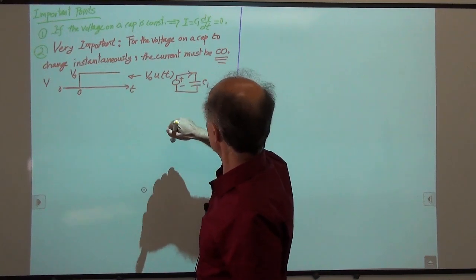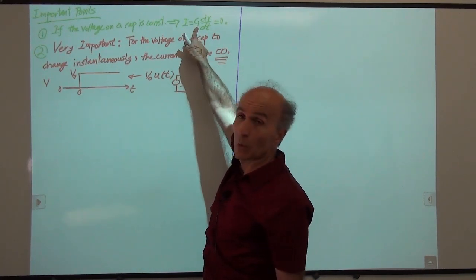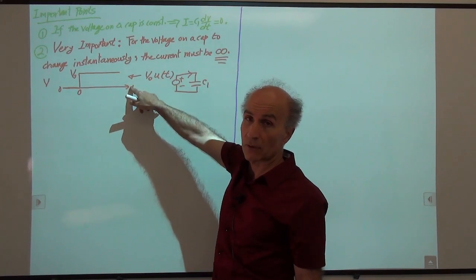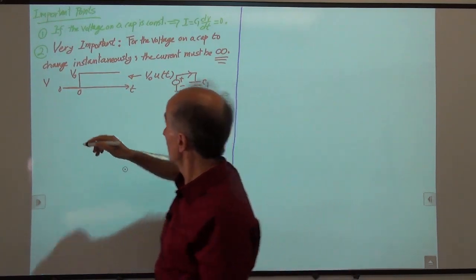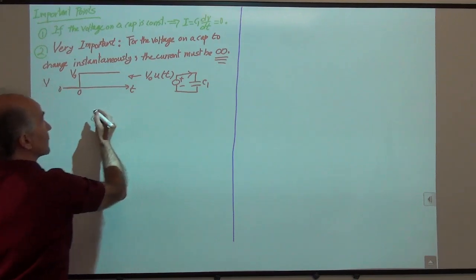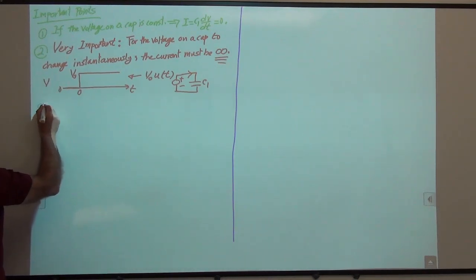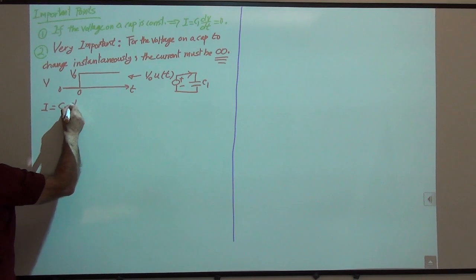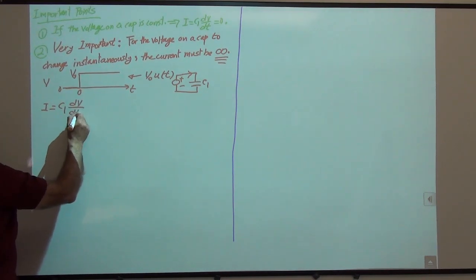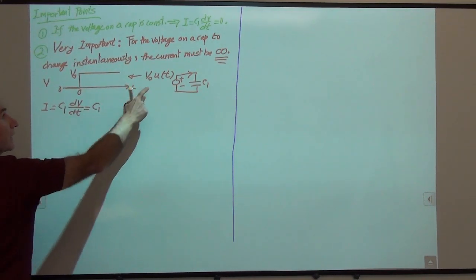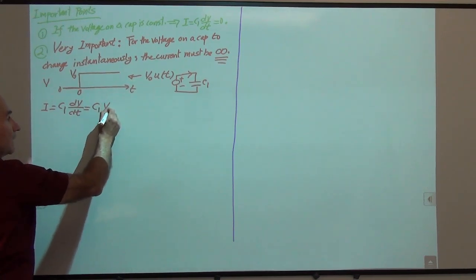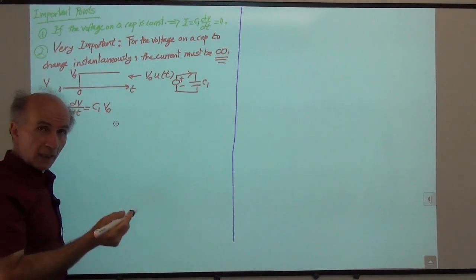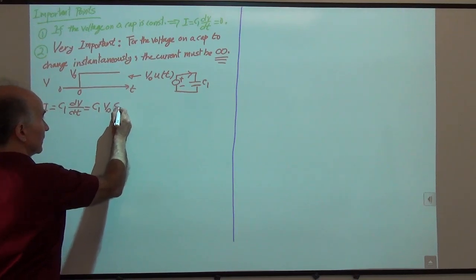The capacitor says, well, my current will be C1 times the derivative of this voltage. Let's go find the derivative. So let's say I is equal to C1 dV over dt, C1 V0. What's the derivative of a step? It's an impulse, so that would be delta of t.